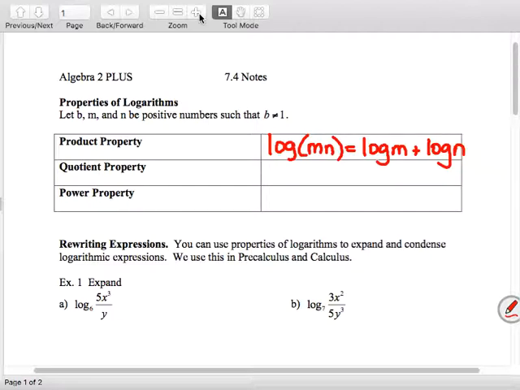The quotient property says if I take the log of m over n, I can change this to log m minus log n. And I want you to put a note over here for these first two.